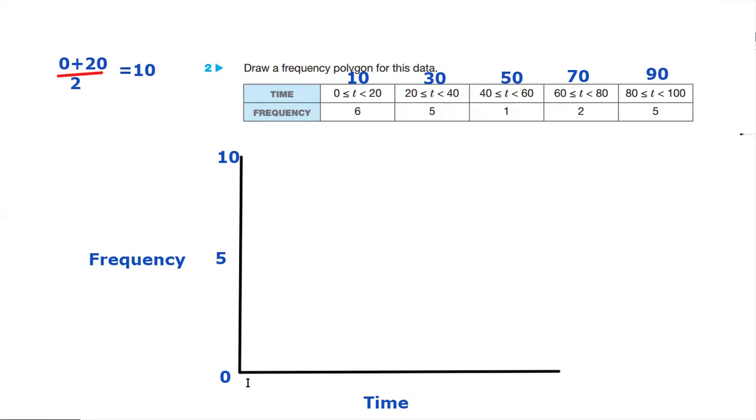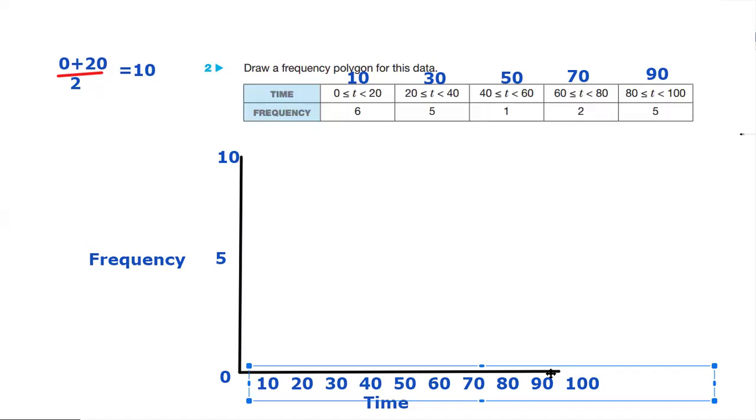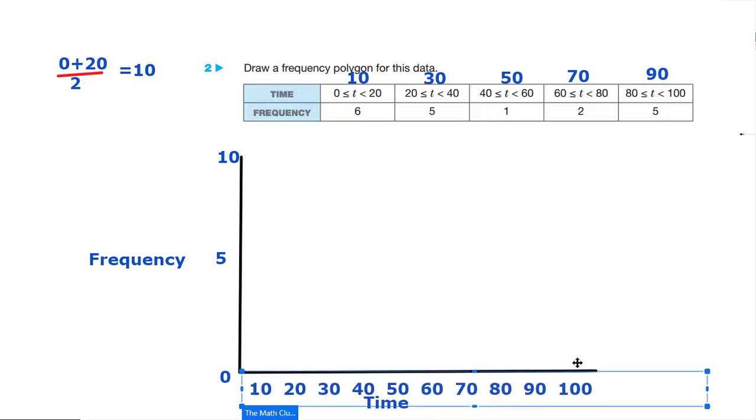It means I'm going to make it till 100, so I'm going to go by tens: 0, 10, 20, 30, 40, 50, 60, 70, 80, 90, 100. So now I have the grid ready. As I said, the question will come with its own grid, so sometimes you don't have to draw the grid first. Now let's plot the points.